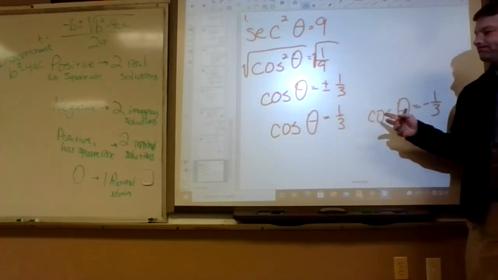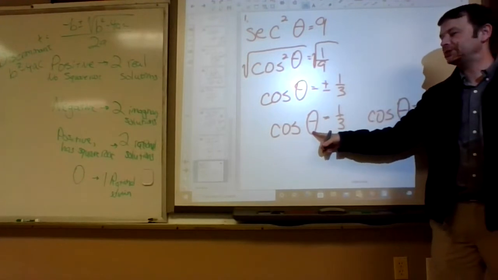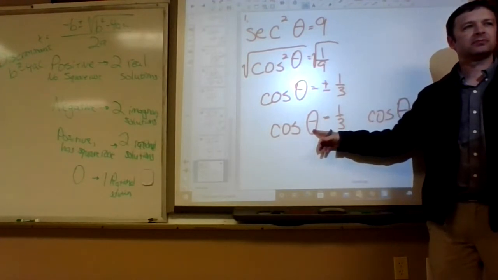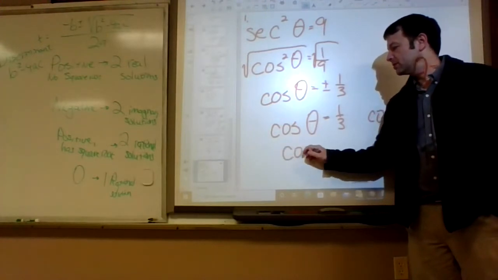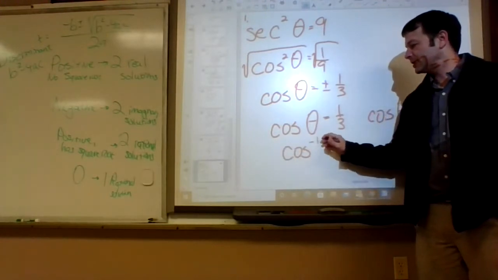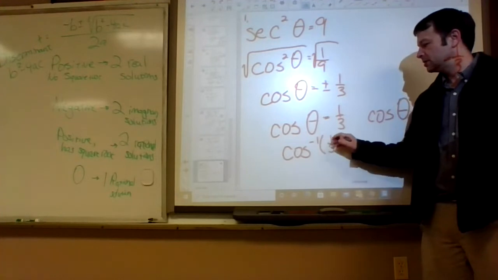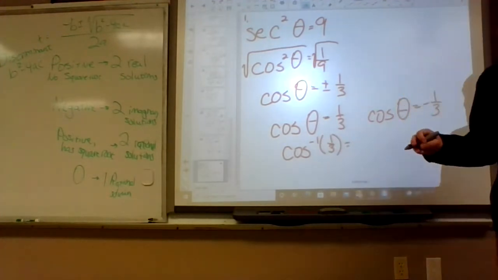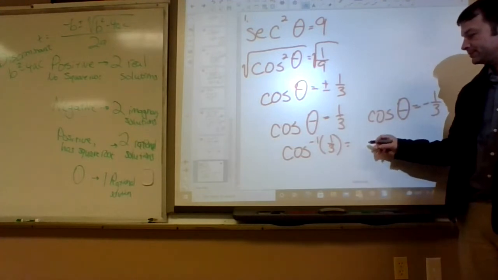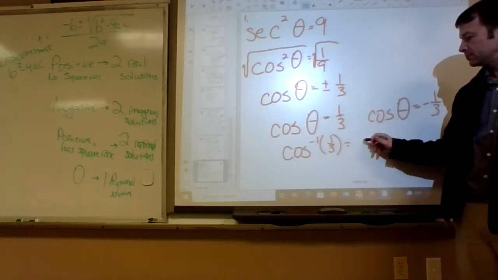Basically, let's just start with this. How do I solve this for theta? Cosine inverse, right? My calculator is unreliable. The book rounds to the tenth of a degree. So what do we get for this one? 1.23.